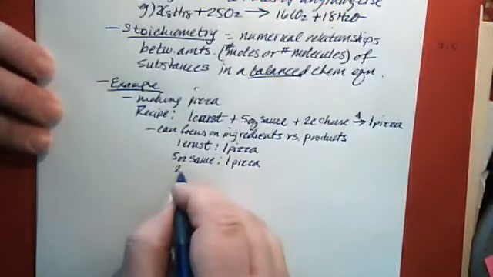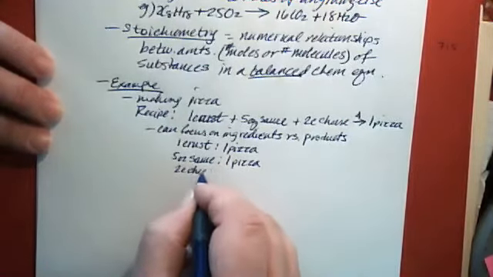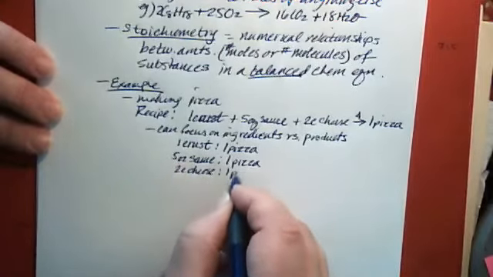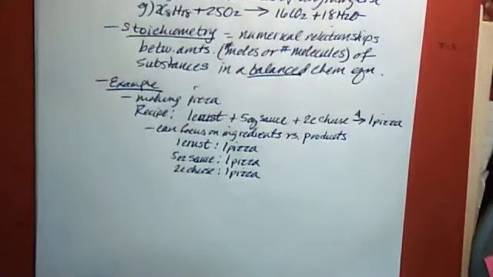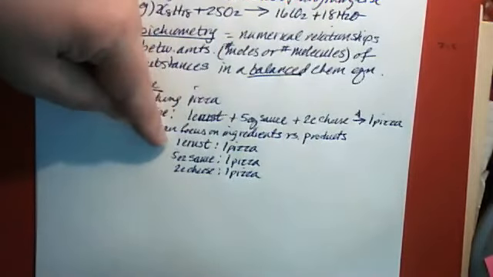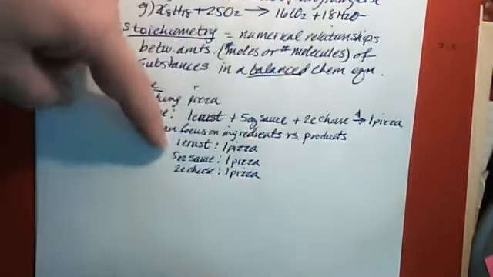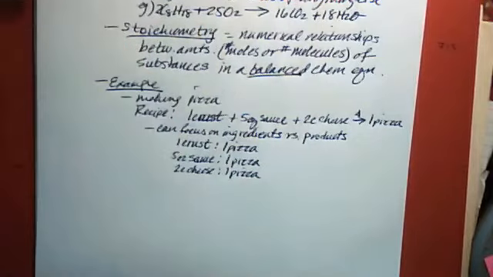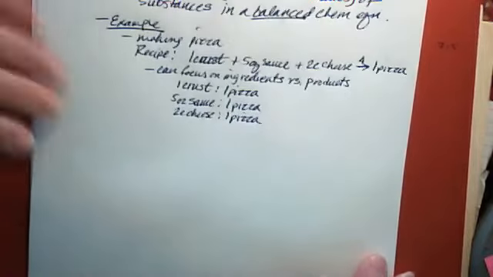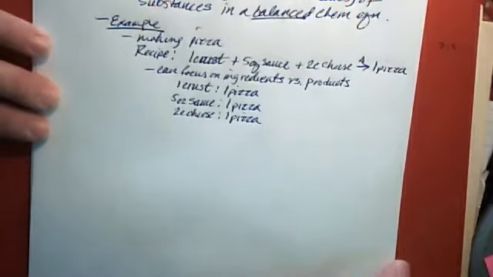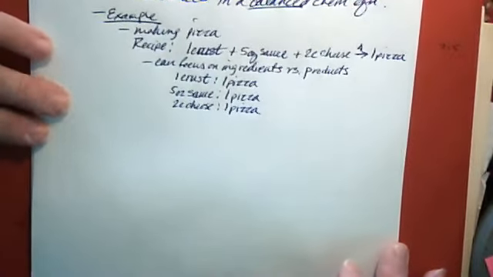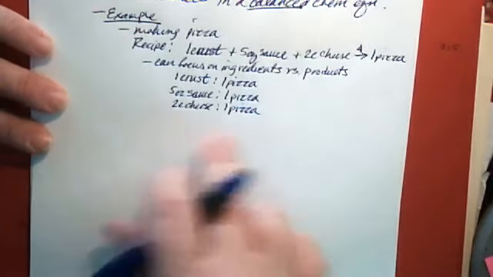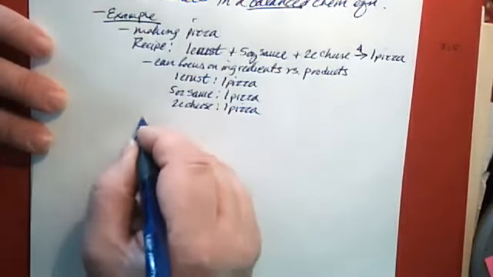And we have 2 cups of cheese for every 1 pizza. And this is the ratio: 1 crust for every 1 pizza, 5 ounces sauce for every 1 pizza, and so on. And that's a comparison between each reactant individually and the amount of product that can be made from that amount of the ingredient.